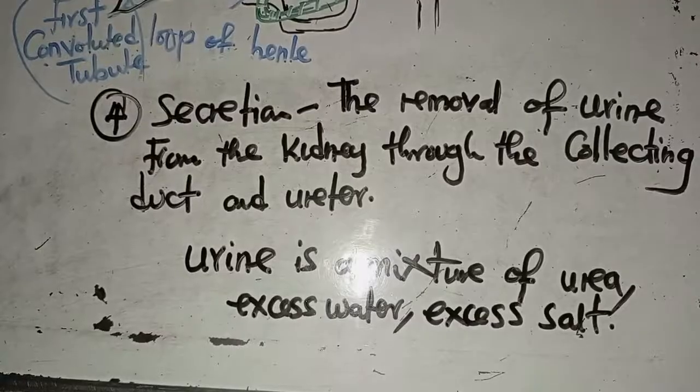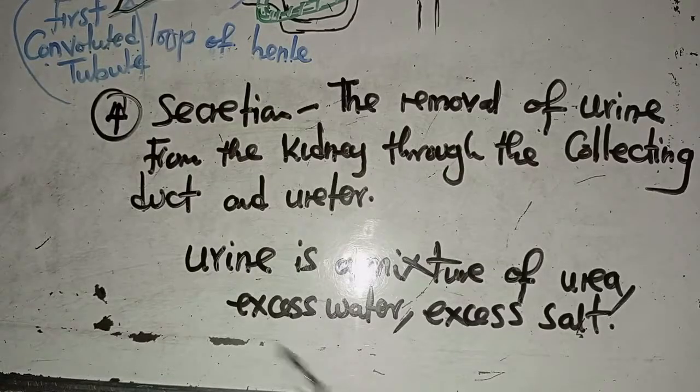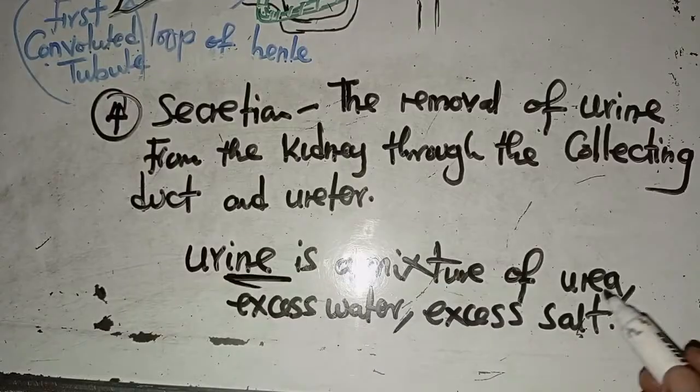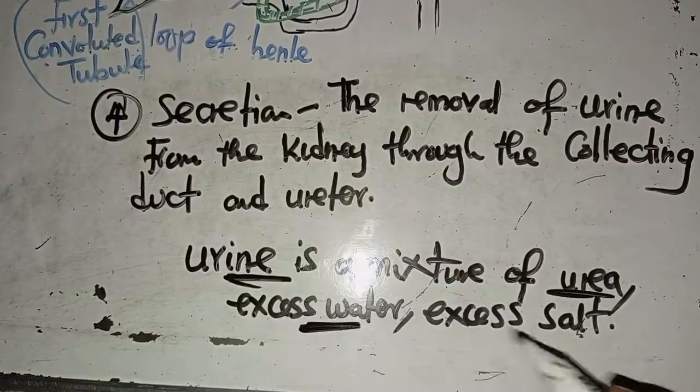So this is what we have to know. I want you to get this and I want you to understand this. I guess we are even writing down notes here. So urine is just a mix of urea, excess water, and excess salt.